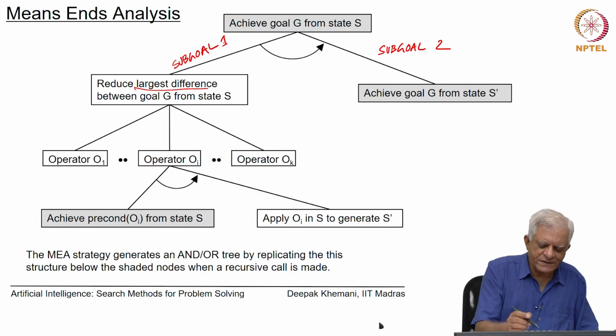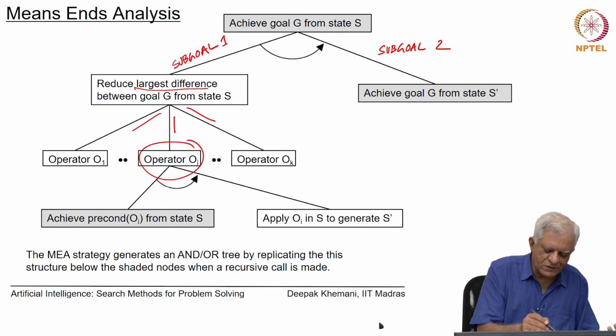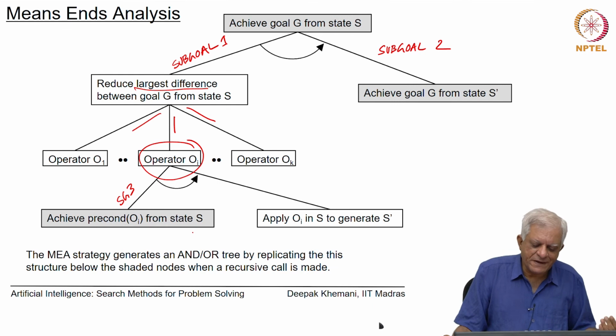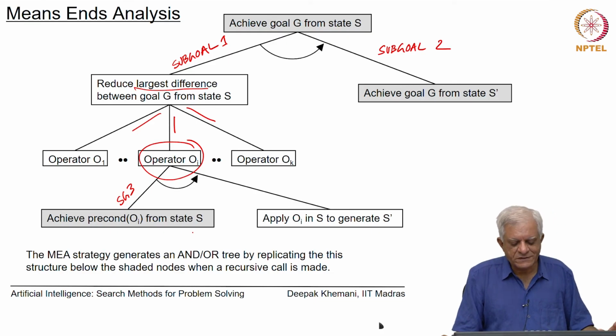In this case, you can see that there were these OR choices here, and you selected this, and this also was broken up into its own sub goal. So, let us call it sub goal 3, and then move on and so forth. So, means ends analysis also had a goal directed backward approach to problem solving, and that is quite similar to what we saw in the AND OR star algorithm.